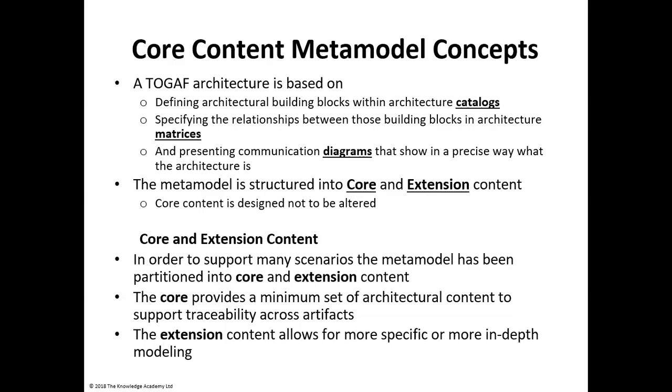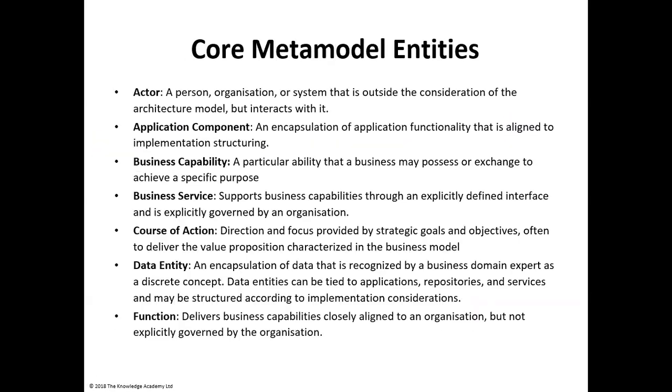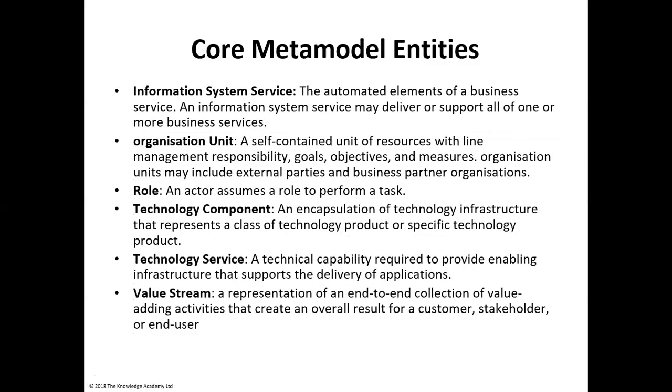Now, let's look at some examples of the core. What is a core meta model entity as per IT here? It is the application component, business capability, actor, data entity, function, service, organization unit, role, person. All these are core meta model entities.